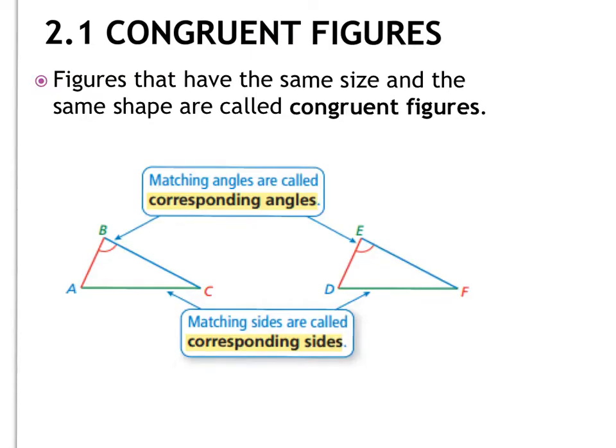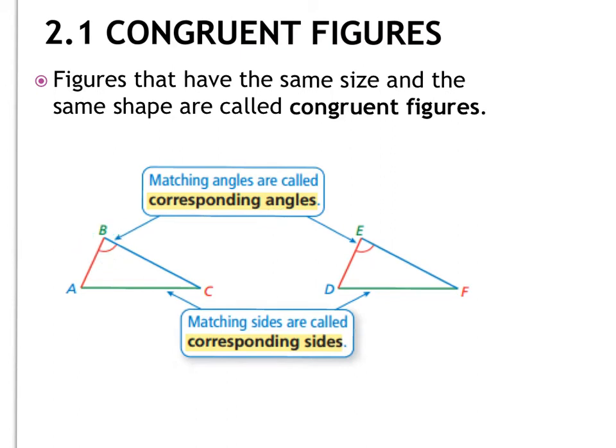First of all, figures that have the same size and the same shape are called congruent figures. Make sure that you are filling in any blanks that are missing on your notes, such as the congruent figures here. If you look over at the diagram in your notes, it says the matching angles are called corresponding angles.